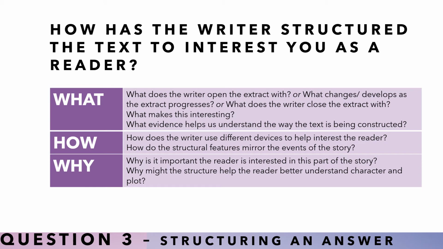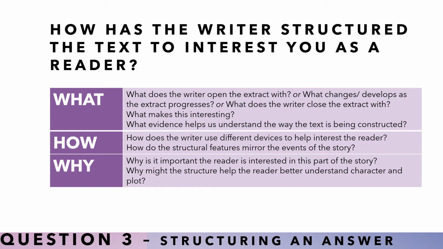Now, when we write our answer for this question, just as with question 2, we can use the what, how, why structure. What, how, why is a really, really important structure, not just for English language, but for English literature, because it makes sure that we're looking at the concepts of a text and the ways in which these concepts are shaped.